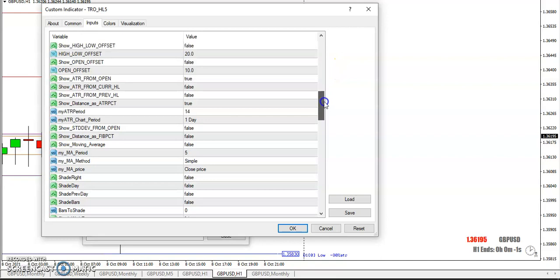And then down here we have my ATR period of 14. My ATR chart period is 1 day, so we're going to calculate the 14-day ATRs. Now, of course, you can make this current if you prefer. And we're going to show the distance as ATR percent.